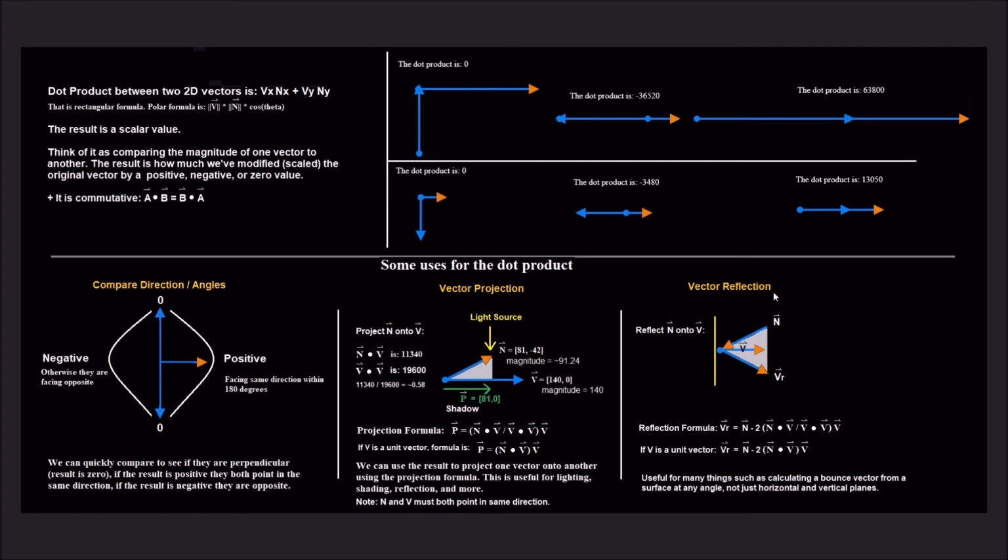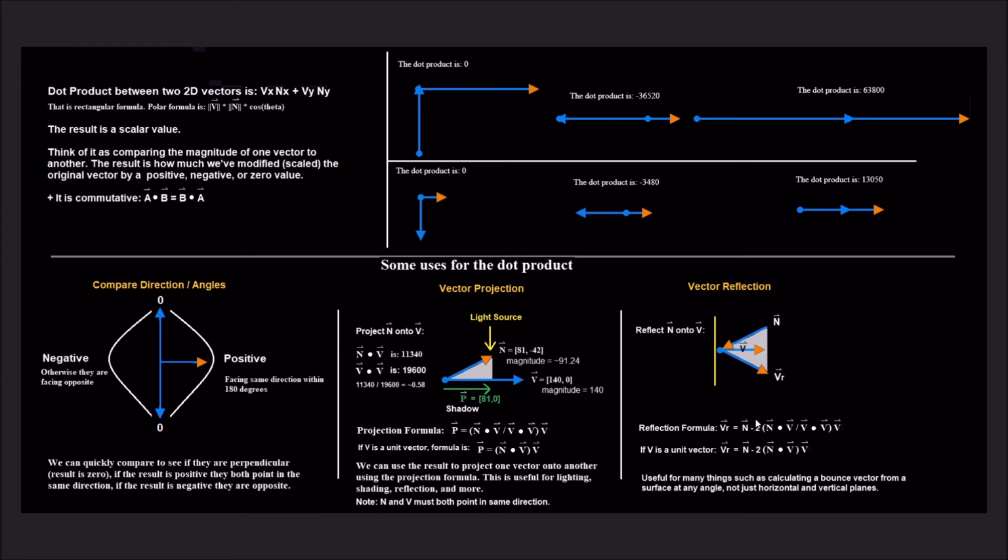Now, another formula we have here, and you'll like this one even more if you're a game programmer. Let's say you wanted to have a ball collide with a wall, and then bounce off realistically. This vector n is coming in and it's going to hit the wall, and then how would we figure out what this vector is? What is our bounce angle? To do that, we would use the vector reflection formula.